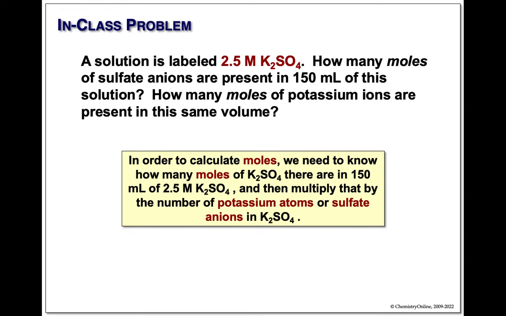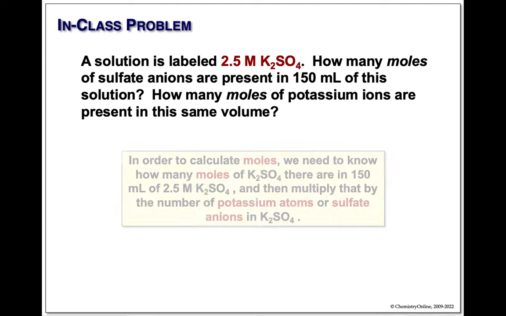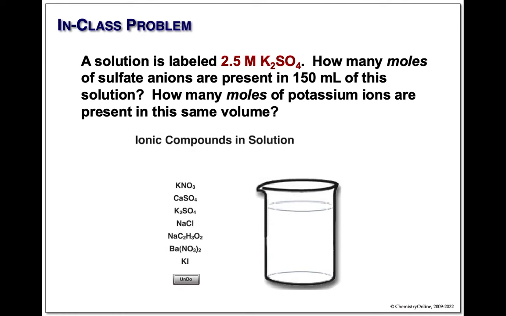When potassium sulfate dissolves in water, what happens? It's going to totally dissociate. Here we have water. Here we have potassium sulfate. We are going to put that in our water.